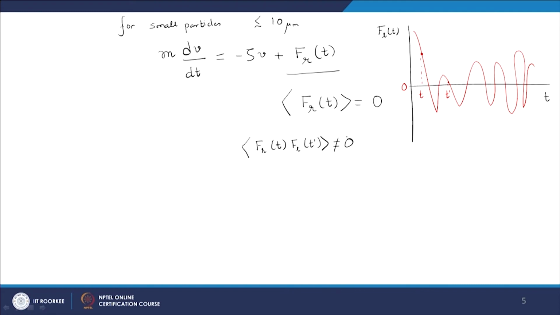I mean, ultimately it does not provide an answer of what that value should be, and one of the good approximations can be that we represent it using a delta function, because eventually when t becomes t prime, then it becomes F_r(t) squared, and that clearly is a large value, and the correlations must decay at long times, because after some time the system will lose its memory.